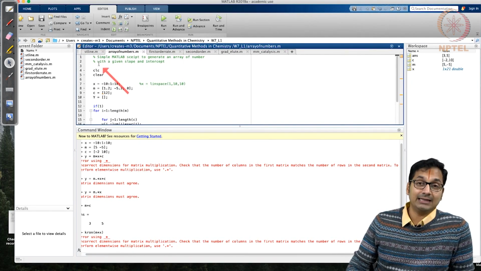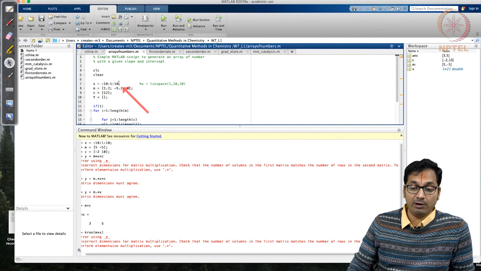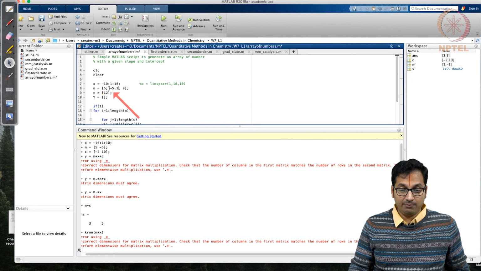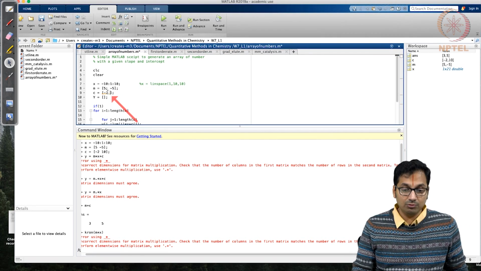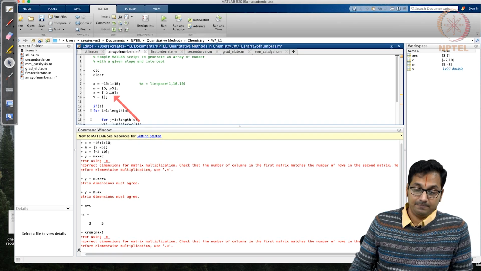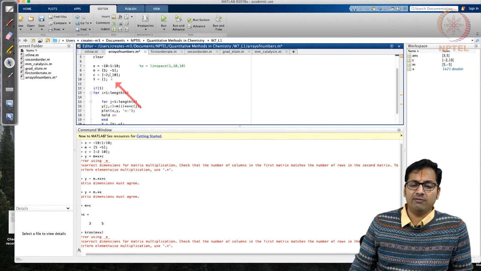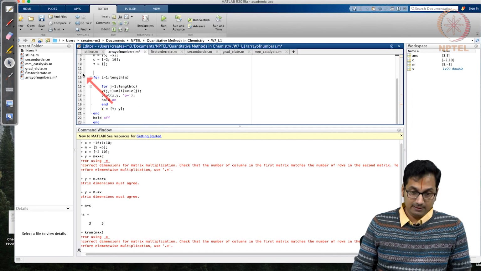Once again I am restarting it by CLC, which means that I am clearing the screen and then clearing all the variables, and I am defining x between minus 10 to plus 10 with 1 degree increments, and let's try to give slope as 5 and minus 5, and then we can give intercept as minus 2 and plus 10. After having done that, we are defining a variable y which will be our final answer. Let us not worry about it right now.